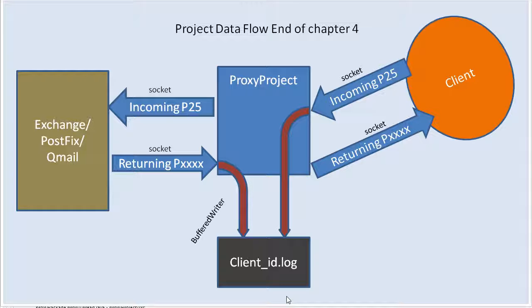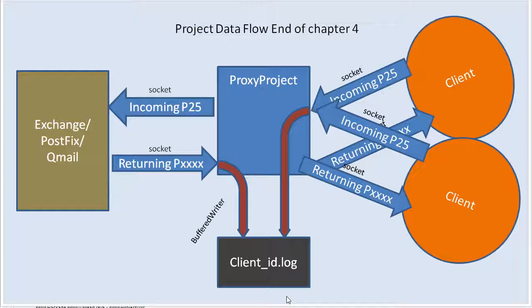There's all sorts of bytes that are flying in that are handled at a different level. But at our level, we were logging the information as it passes to the recipient. So the client pushes information to the Exchange, and the Exchange pushes information back to the client in the lower arrows. And then we also added multi-threading so that we could handle multiple clients.